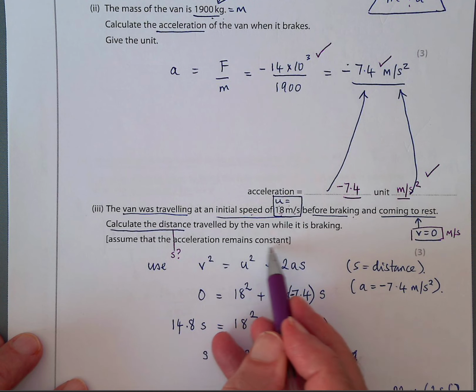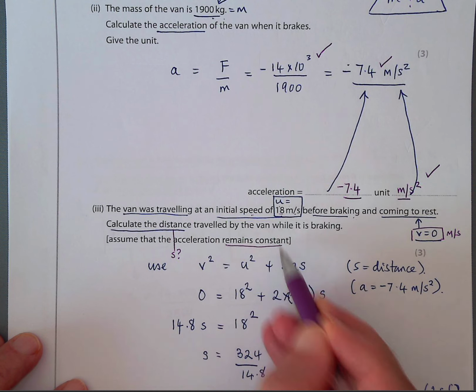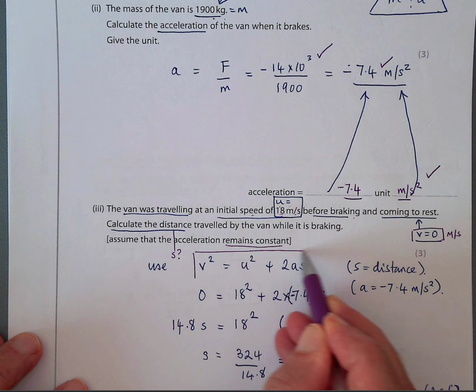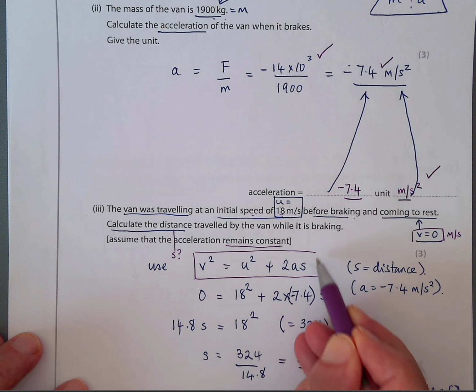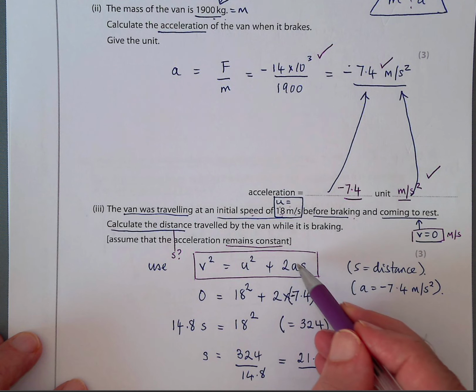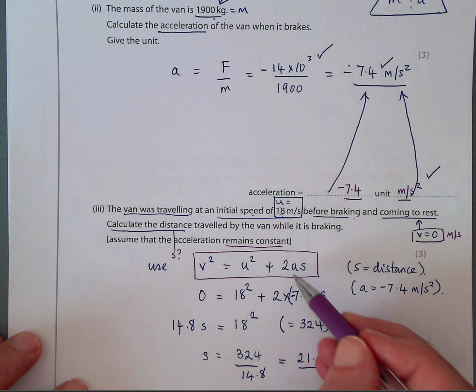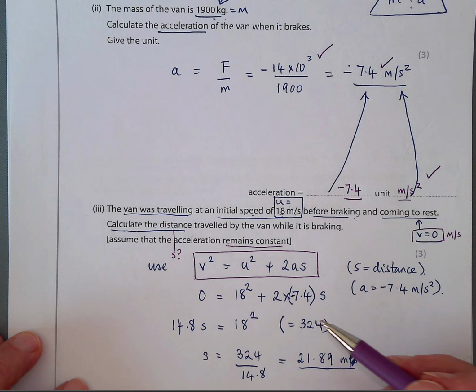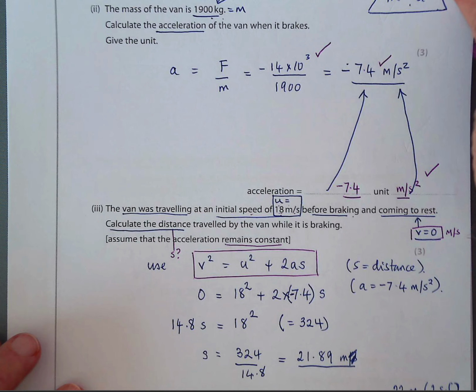Assume that the acceleration remains constant, because these equations, which this time you have to use, v squared equals u squared plus 2as, where s is the distance, are called the constant acceleration formulae. You can't do it if the acceleration keeps changing. The maths becomes too complicated for physics at GCSE level.